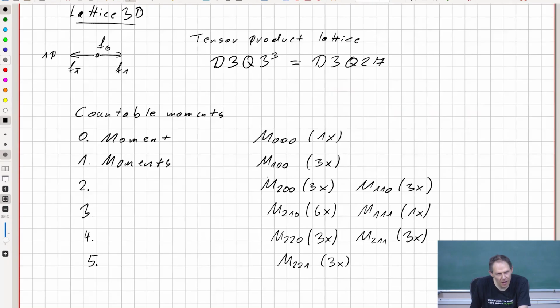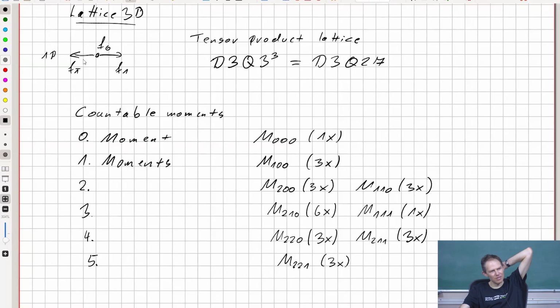3. We have an M300, the third moment. Ah, no. We are talking, okay, the countable. Yes. So we are not talking about how many moments exist. We are talking about how many independent moments exist. And you remember when we talked about the discrete velocity model that we don't have a moment M3, because we only have 3 velocities in one direction.